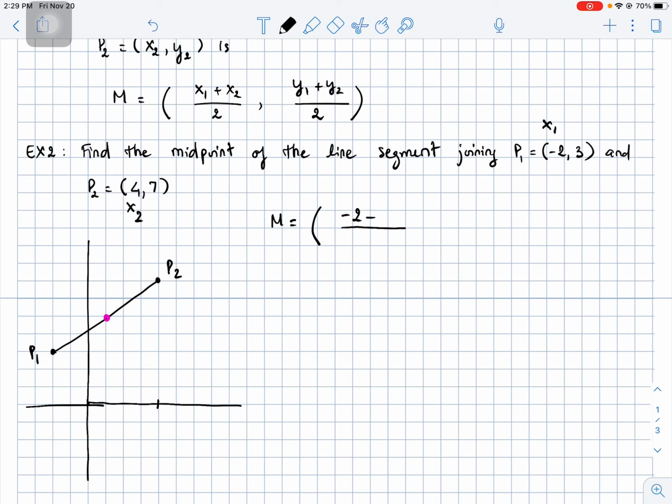So negative 2 plus 4 divided by 2, and 3 plus 7 divided by 2, is equal to 2 divided by 2 and 10 divided by 2. So 2 divided by 2 is 1, 10 divided by 2 is 5. So the midpoint coordinate is (1, 5). The midpoint is a point. So we look at the graph and we say that this is (1, 5).